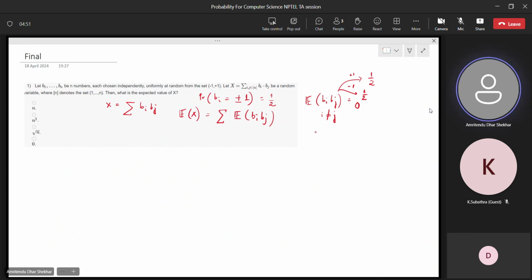So to summarize, the expectation of bi bj, you can just write it as delta ij. So delta ij is called the canonical delta. It means 1 if i is equal to j, and 0 otherwise.